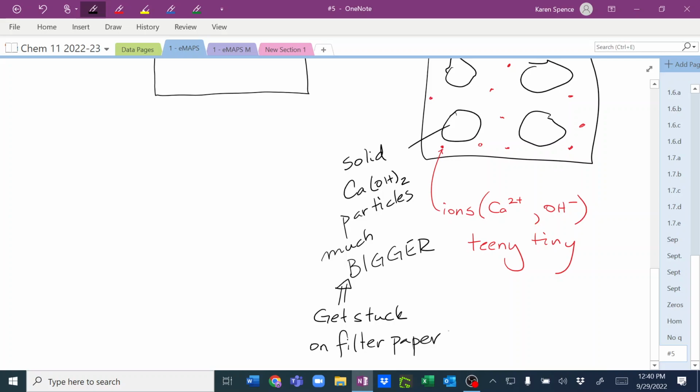And what do we call the stuff that's stuck on the filter paper? We call it the residue. But the ions are so teeny tiny, they fit through the filter paper.